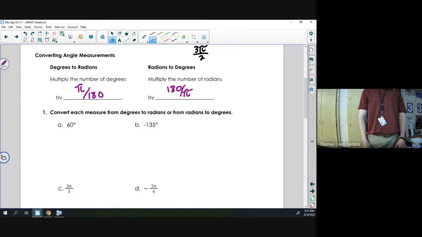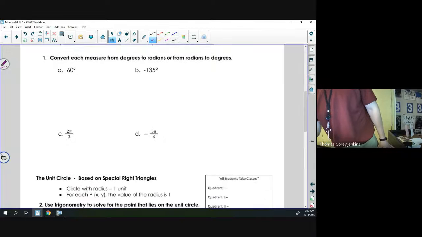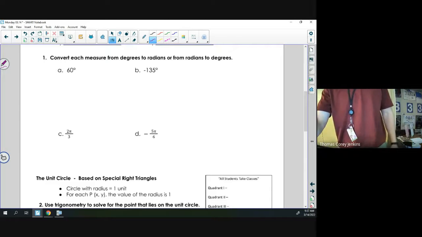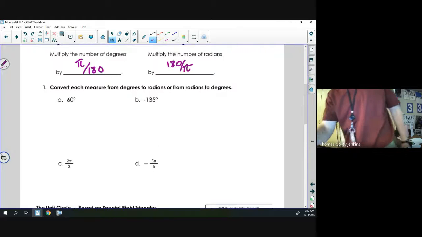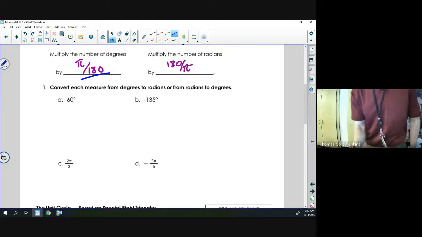All right, let's practice that and look at some equivalencies between degrees and radians. In our first example, we will use those conversion factors to convert from radians to degrees and vice versa. In number 1 here, we're given a measure in degrees, so we're going to convert that to radians. First, make sure we're using the correct conversion factor, this one here.